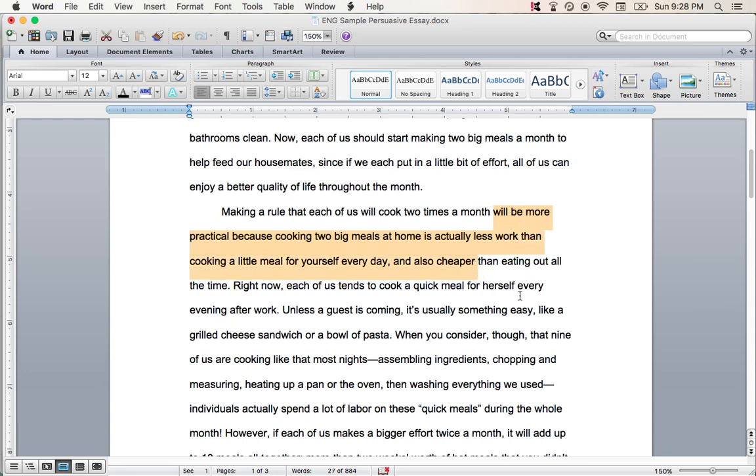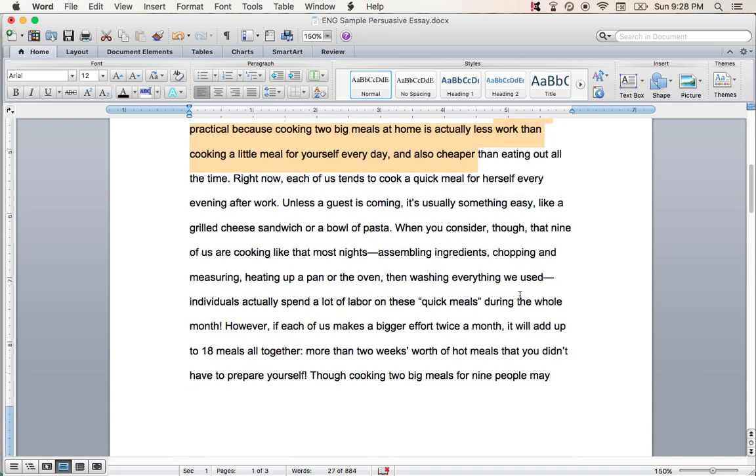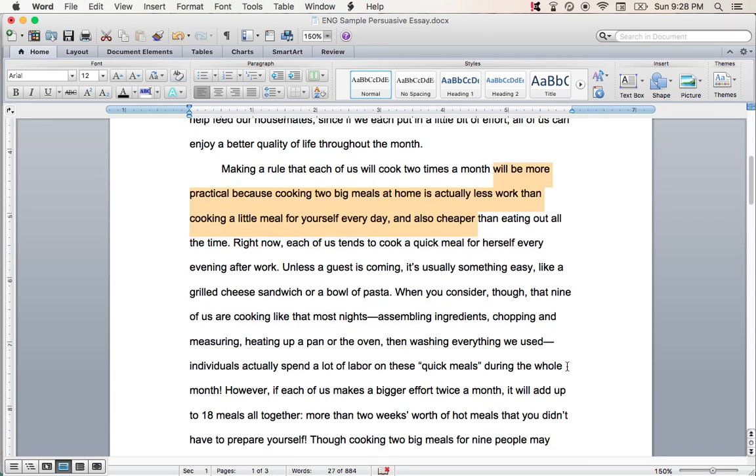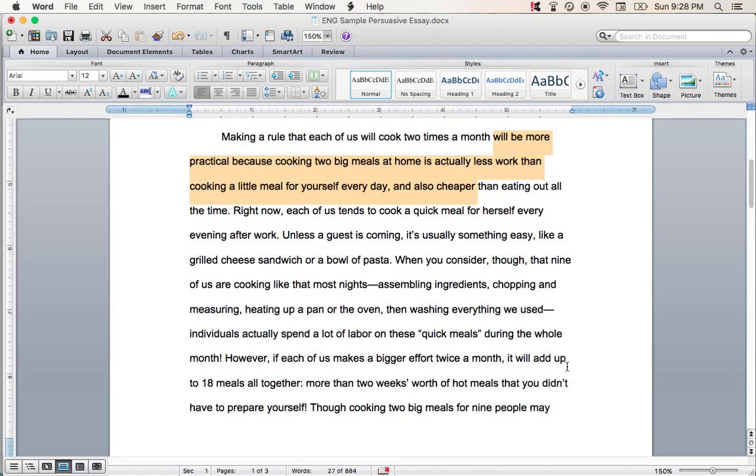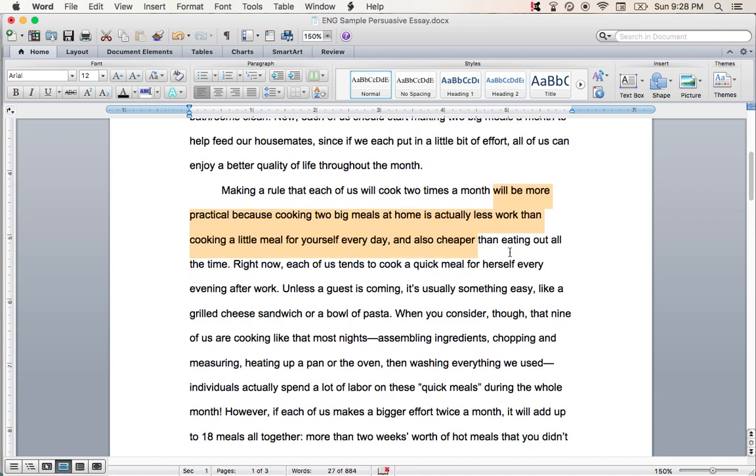So we can see that this paragraph, starting with the topic sentence, is focused on the benefits of adopting the plan. Now, it might explain the plan a little bit more as it goes along, or it might talk some more about the situation in the apartment. But the focus of the whole paragraph is on the benefits of adopting the plan.